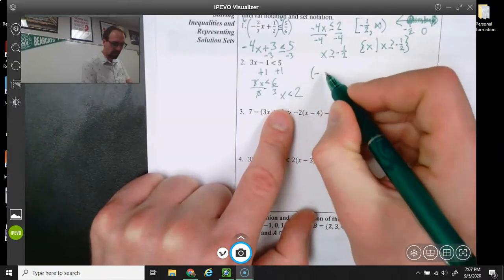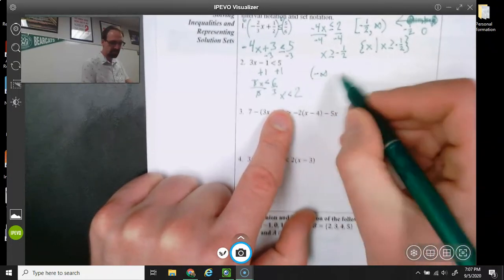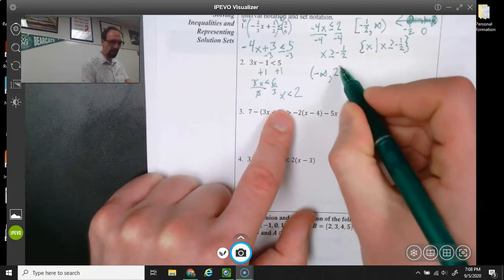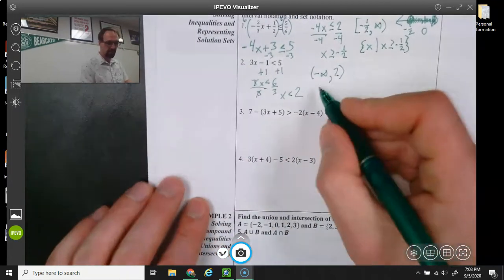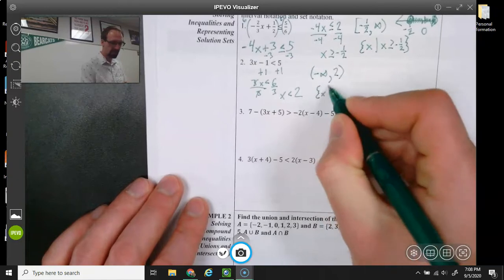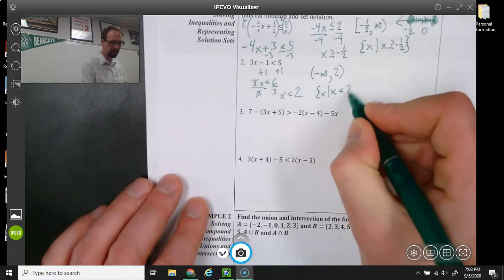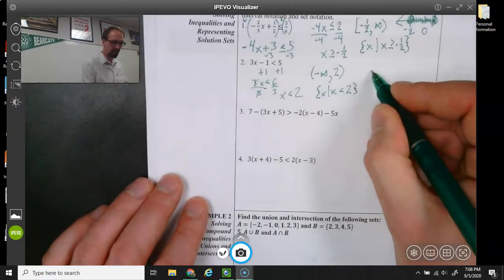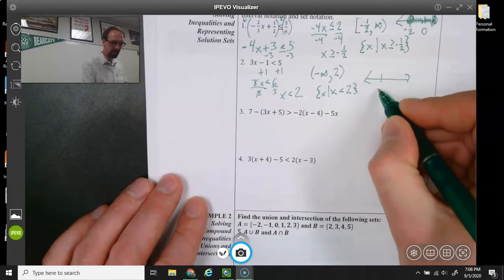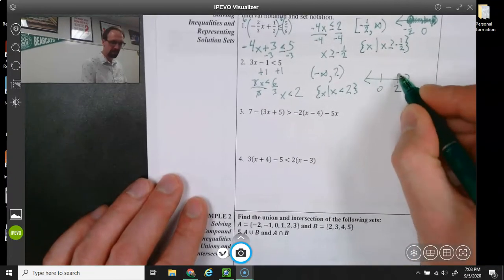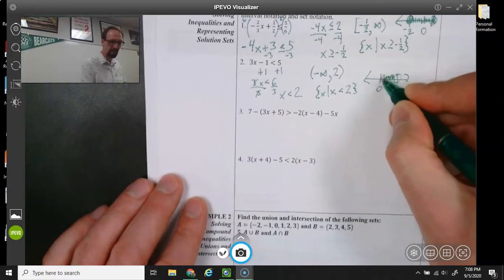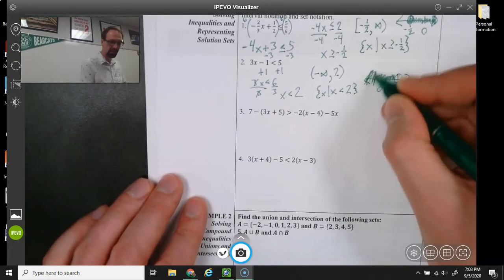Our smallest solution is towards negative infinity, all the way to 2, non-inclusive. So we have the set of x's such that x is less than 2. Then number line-wise, we're going to have 0, 2 is here, open dot, not filled in, and then we shade to the left.